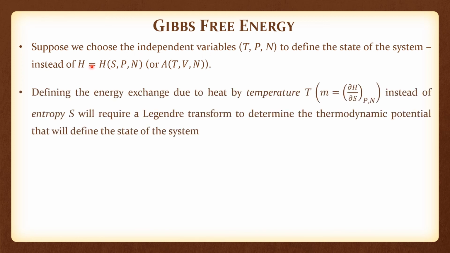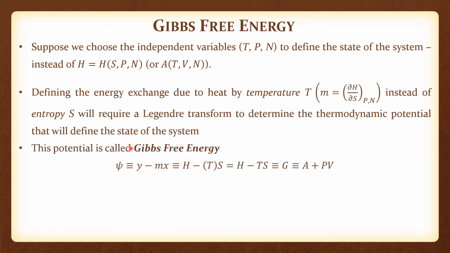So keeping the starting point to be enthalpy, we essentially do a Legendre transform to express the state of the system. Instead of by entropy, pressure and number, we replace the independent variable, the extensive variable entropy, by its corresponding intensive variable, which is the slope ∂H/∂S, which is the temperature. And then this will require a Legendre transform to determine the thermodynamic potential. By the same arguments as before, this potential is Gibbs free energy, and so the Legendre transform is defined by psi is y minus mx.